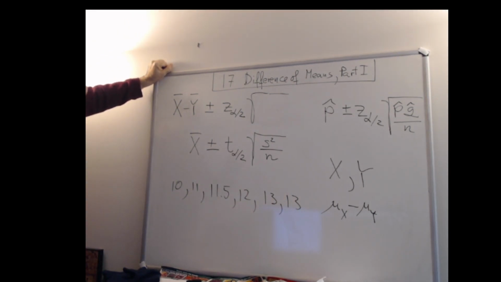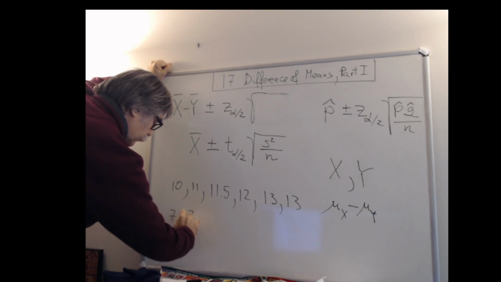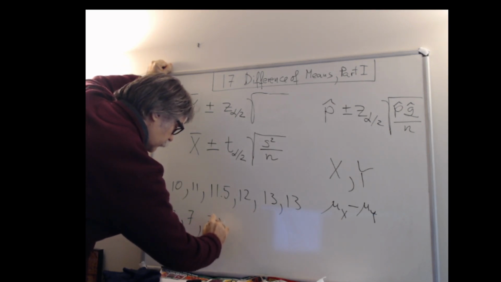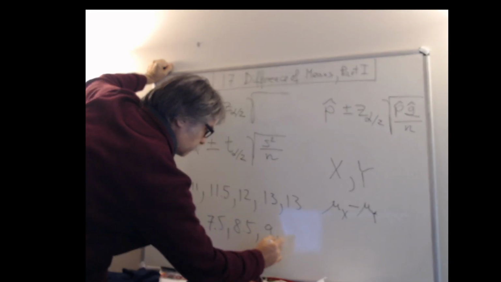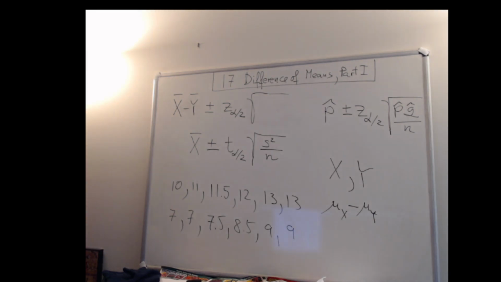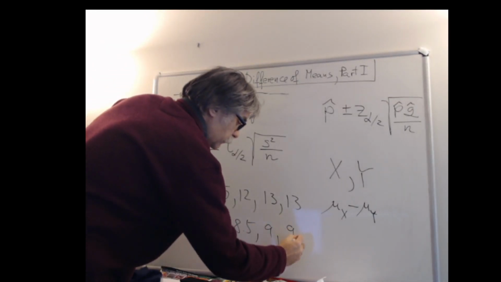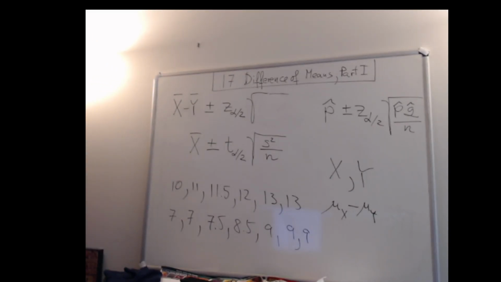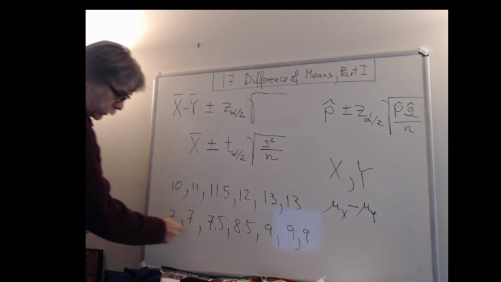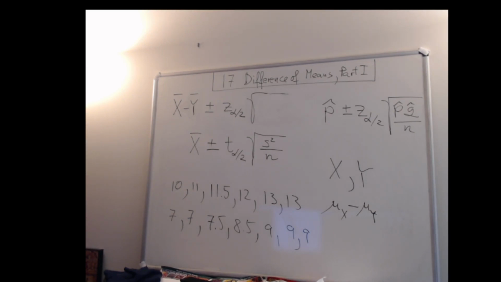Maybe I made it too big, but it doesn't make any difference really. Okay, now, female shoe sizes. It doesn't have to be the same number, so let's have one more. 3 ladies with the same shoe size, 9. So I get 1, 2, 3, 4, 5, 6, 7 ladies, and they have these shoe sizes.